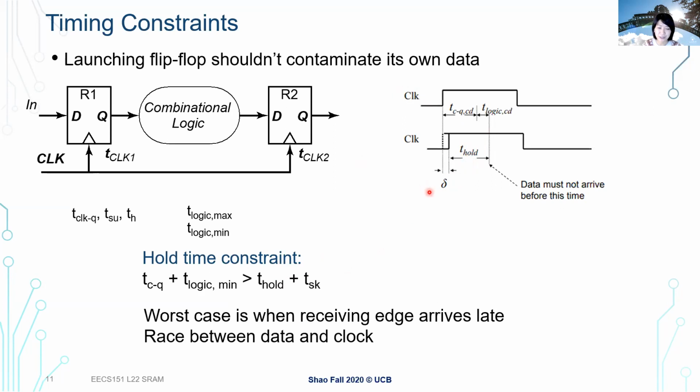So if there's a clock skew on the receiving end, on the second flip-flop, you need to make sure you have long enough latency to compensate not only for the hold time constraint, but also for this skew, so that it's long enough to hide this latency.